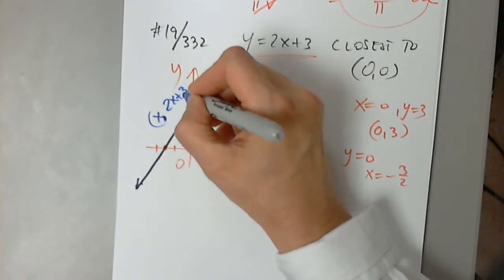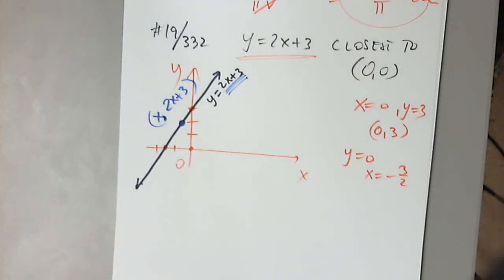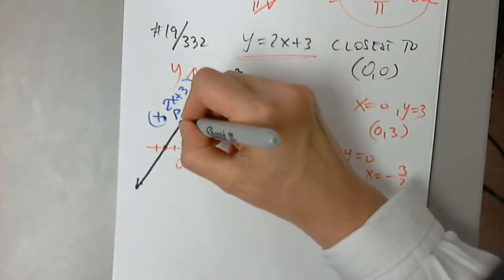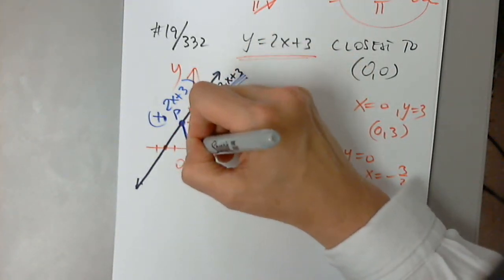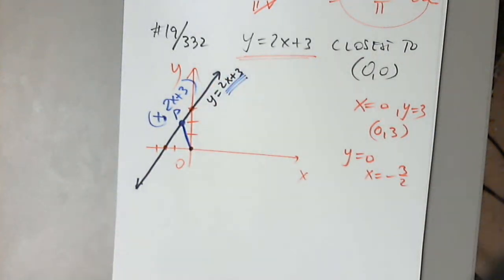Right. So that is a point. Let's call it P. And I claim, of course I'm wrong according to the graph, that once I determine this function and I minimize it, that will give me the exact position of the point.